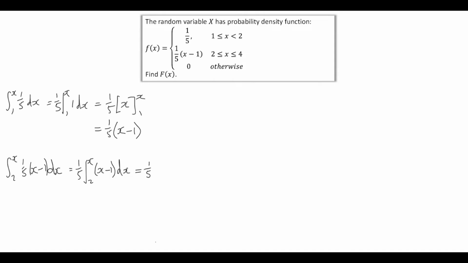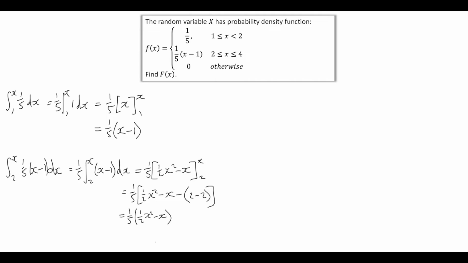Limits being x and 2. Okay, as we substitute into that, I've got the 1/5. X substitutes and basically duplicates what we had in the square bracket, and we're subtracting 2 substituted in, which will give us 2 squared over 2 minus 2, which ends up being 0. So the second function that I've calculated is 1/5, a half x squared minus x.